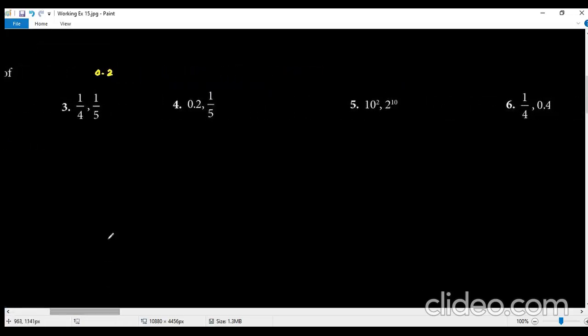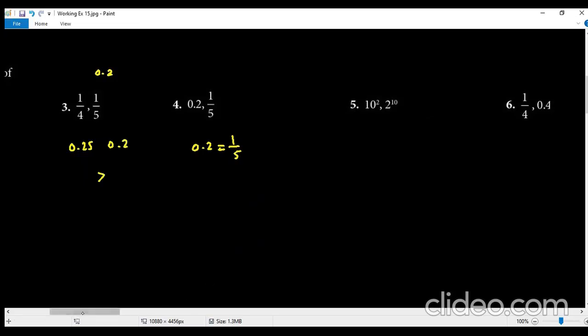When it comes to 1 over 4, which is going to be 0.25, and 1 over 5, this value is 0.2. So that means in question number 3 we are going to write greater than. Now 0.2 and 1 over 5 are both equal, so we use the equal sign in between.